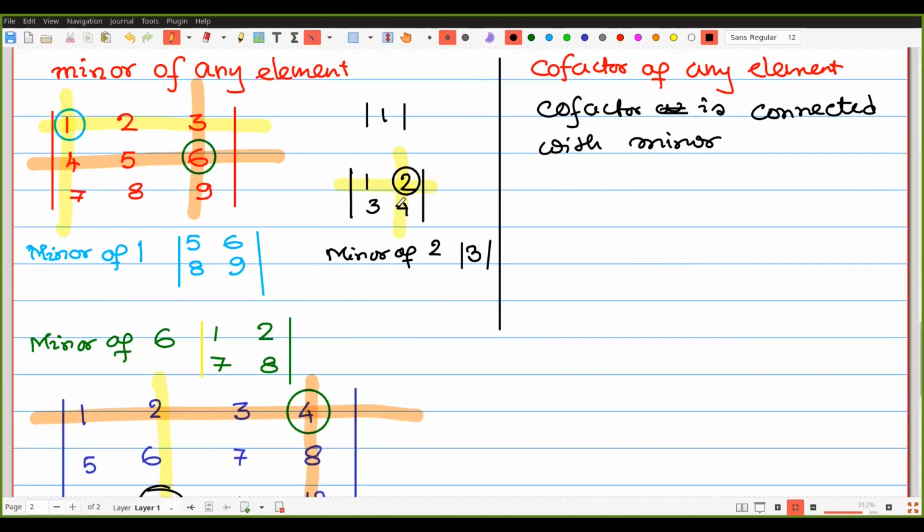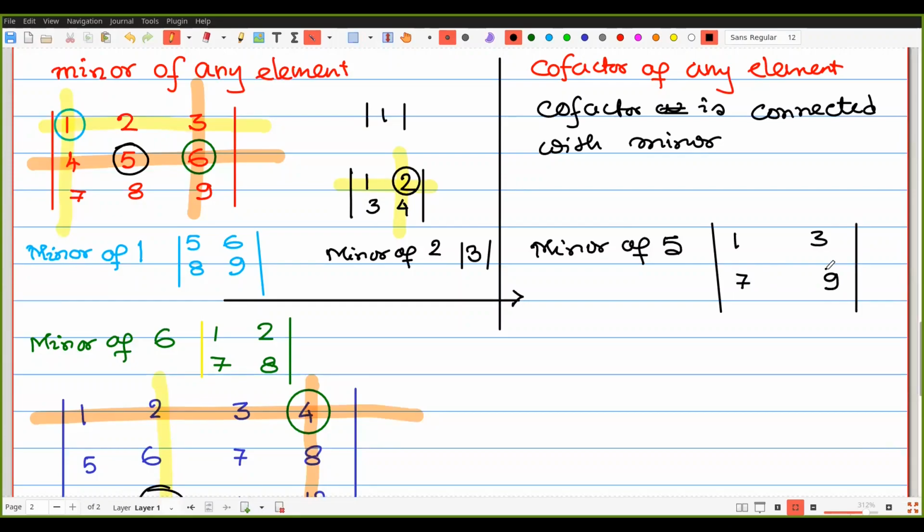Cofactor of any element. Suppose once again I am proceeding with that minor. So I am writing the minor of, suppose, the element 5. The minor of 5 is 1, 3, 7, 9.